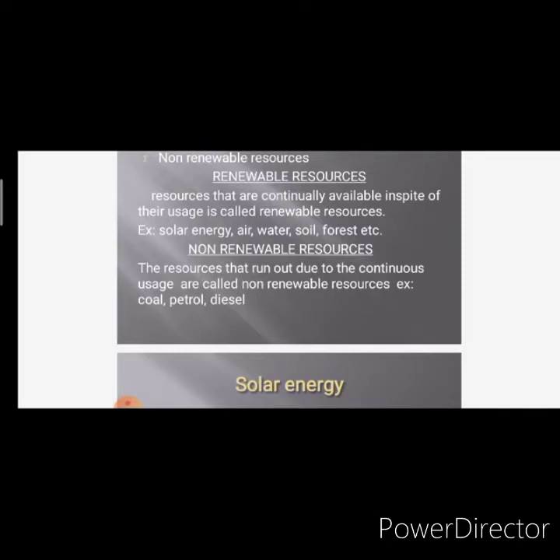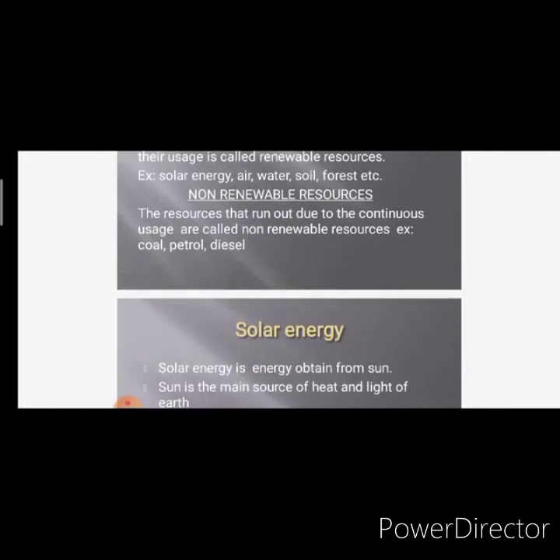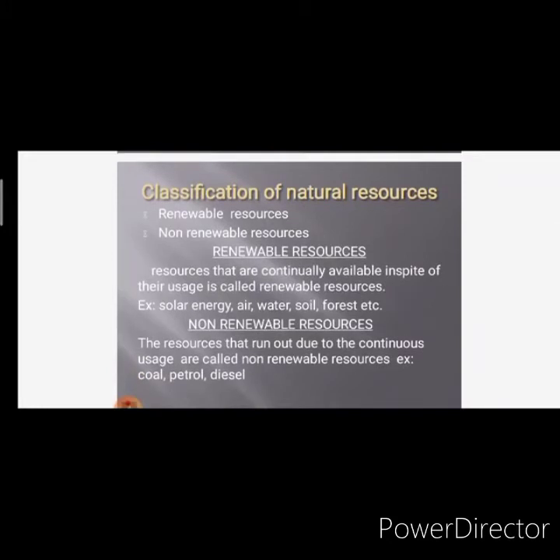Non-renewable resources are limited in nature, and once you use them, they take a very long time to replace. They are known as exhaustible resources because they easily get exhausted and we do not get them easily. Non-renewable resources take millions of years to be formed from the dead and preserved remains of living organisms. So, like I said, we need to keep in mind the way we use the natural resources.